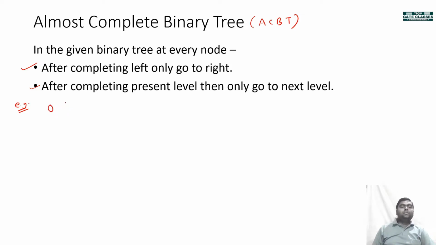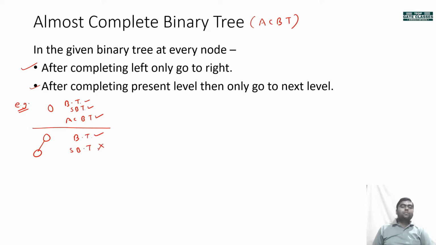Okay, so let us take this. This is a binary tree. This is a strict binary tree. And this is an almost complete binary tree. It is all of these, because there is only one level. Now let us take this. This is a binary tree, but it is not a strict binary tree.